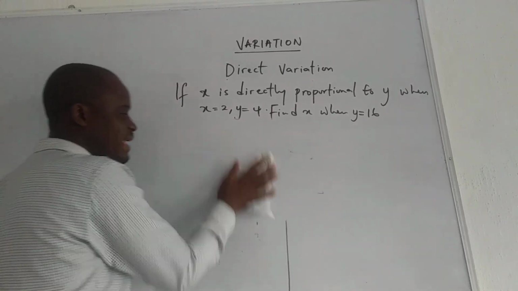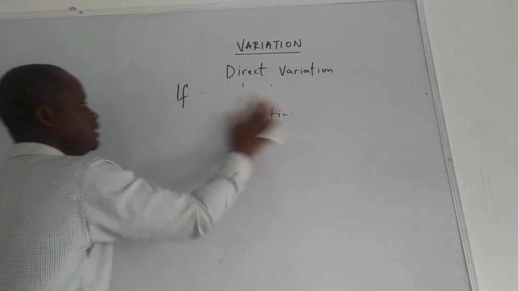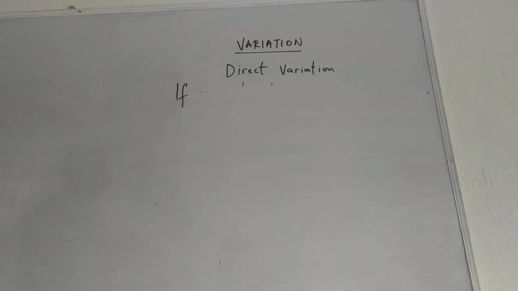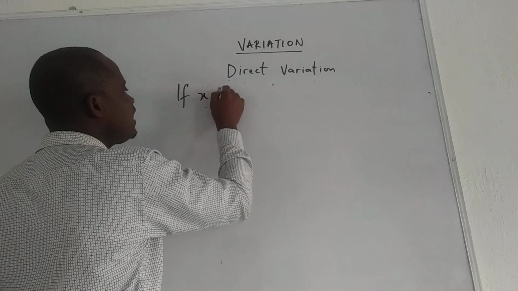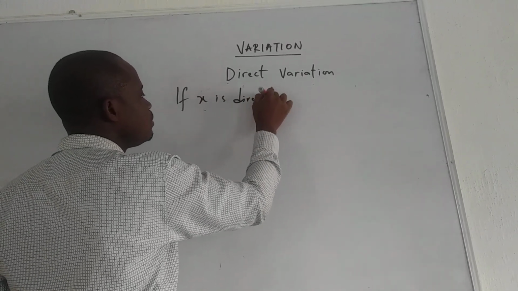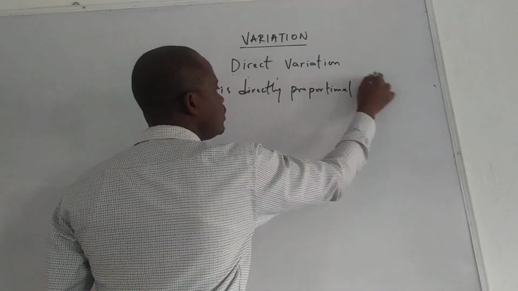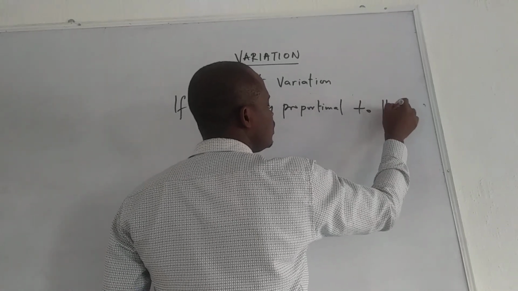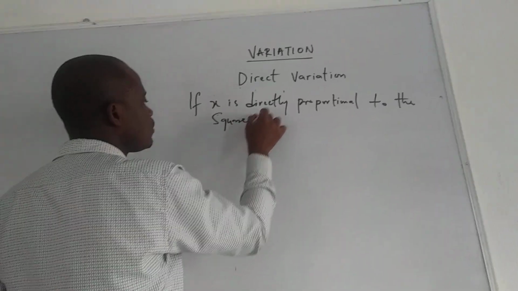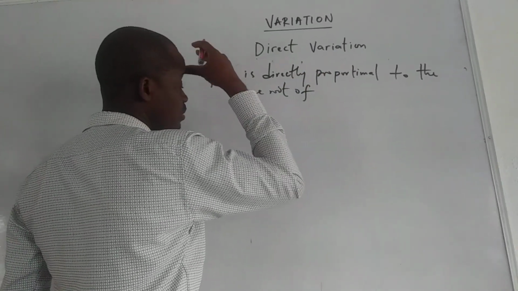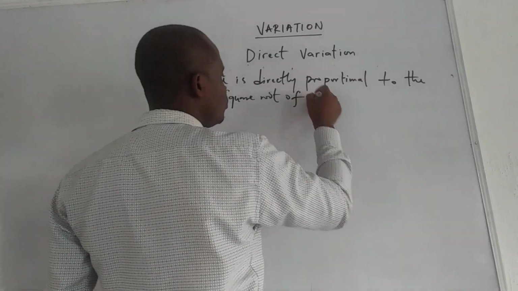Now, particularly in external exams, what students should expect, or the kind of questions they might likely bring, is: if x is directly proportional to the square root of 81.